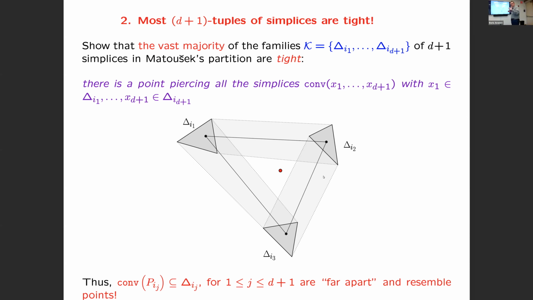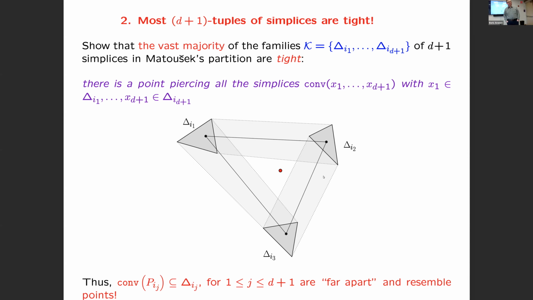And this is exactly what guarantees that there is a non-empty common intersection of such simplices having one vertex in each of the simplices.